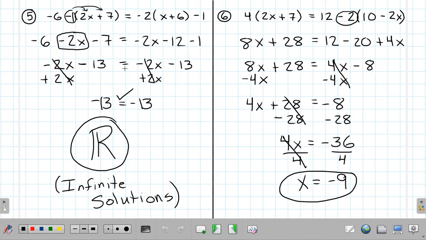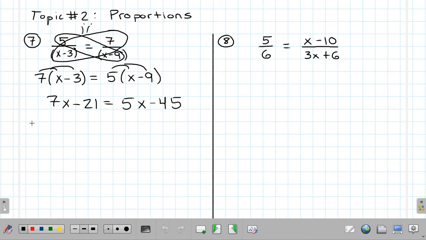So at this point, we can either subtract 7x from both sides or subtract 5x from both sides. And like I said, if you have a preference and you want to subtract the 7x here, you can try it out and see that you should get the same answer that I do here, okay? But I'm just going to be consistent. I'm going to subtract the 5x, meaning 7x minus 5x is 2x minus 21 is equal to negative 45.